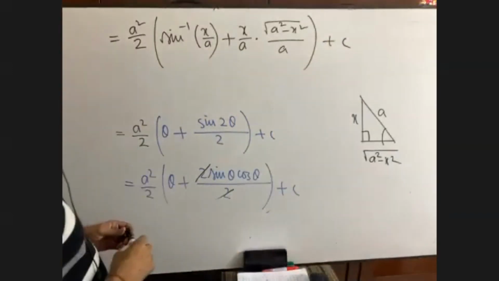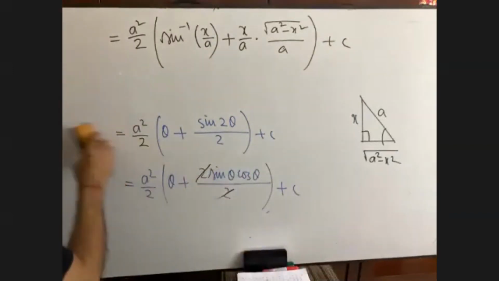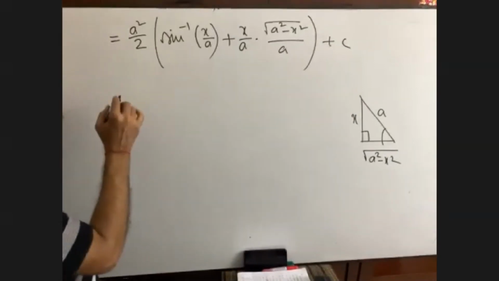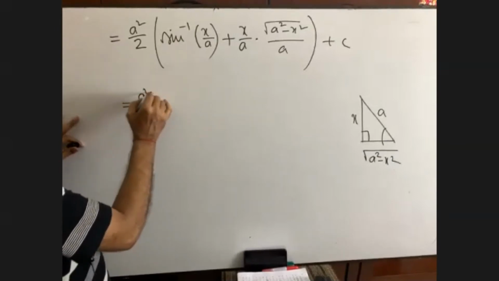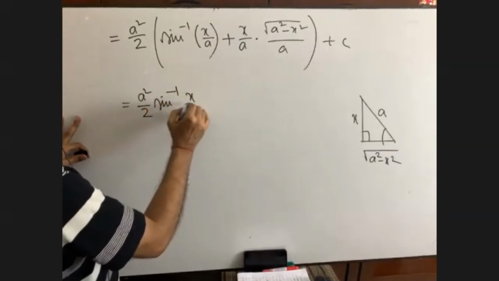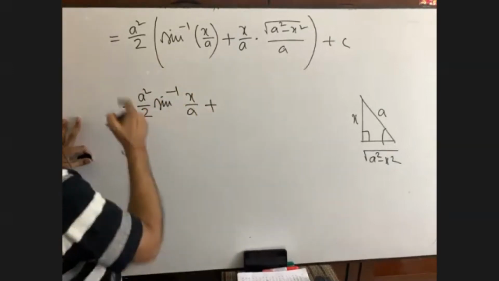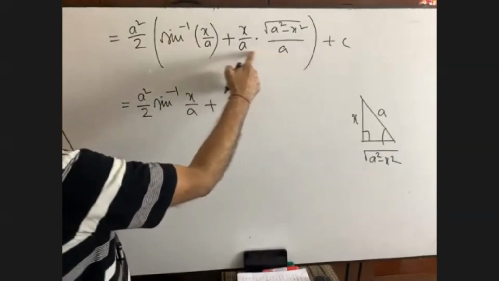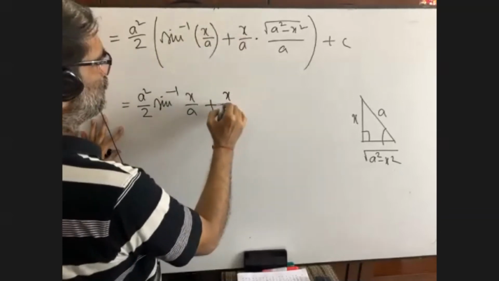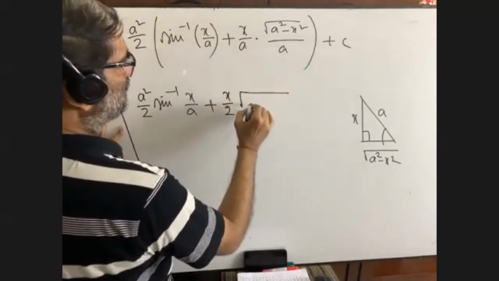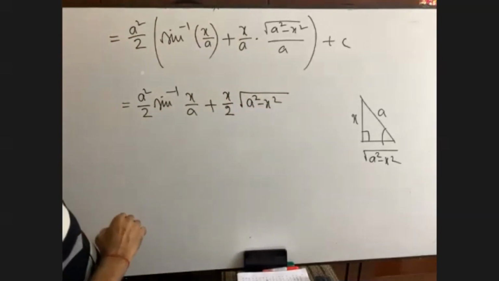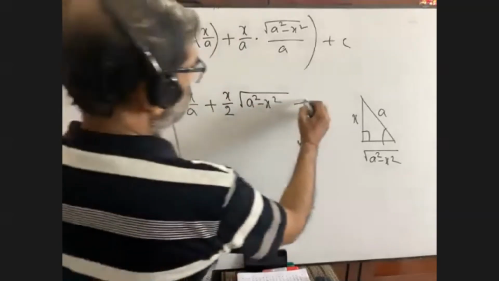Talk to me. Now we are getting here, you see, a square by 2 sine inverse x by a plus a square, this a square will be omitted, by this is x by 2 root over a square minus x square plus C. It is the answer.